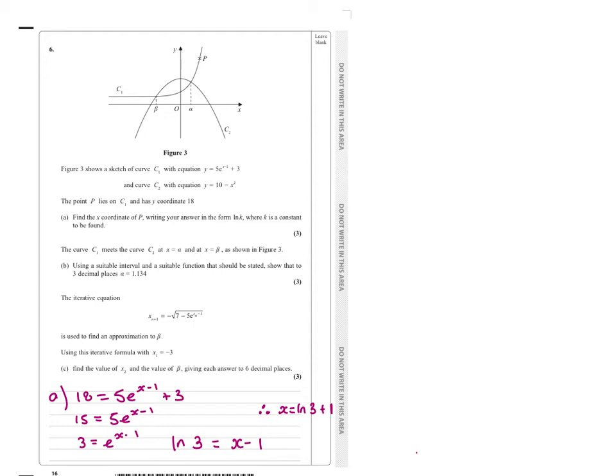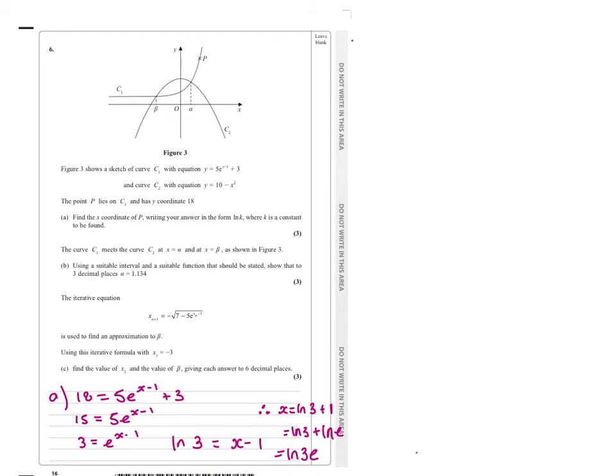We know that 1, if we want to write this in terms of ln, can be written as ln e. So we're going to have ln 3 plus ln e. Now we know that when we add lns, we can multiply the inside, which is going to equal ln 3e. And that will give you the full 3 marks. You're only going to get 2 marks if you get up to this stage here.